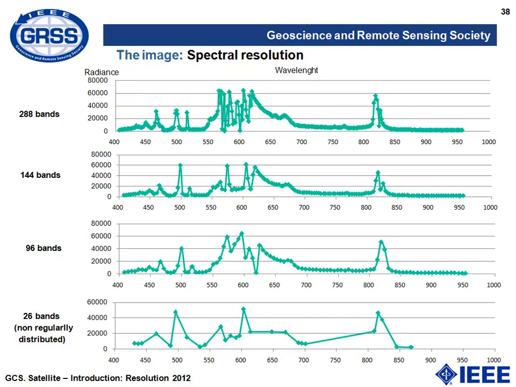If we have 288 bands, 144 bands, 96 bands, 26 bands, or for instance 3 or 4 bands, it is more difficult to recognize all the characteristics and behaviors of the different sorts of covers, materials, and so on targeted in the image.